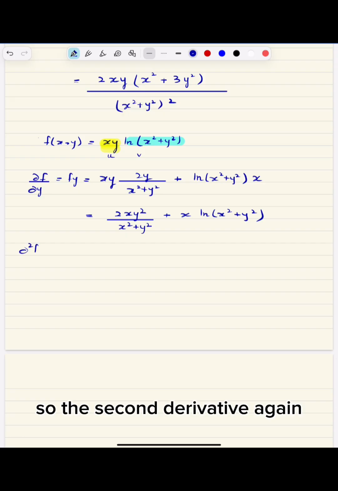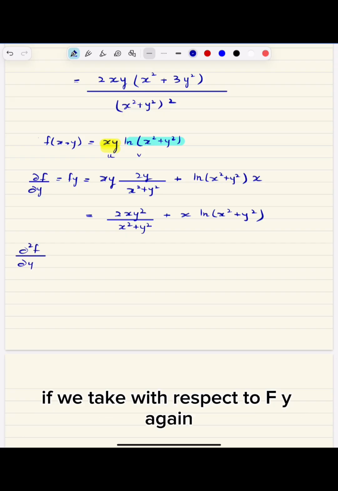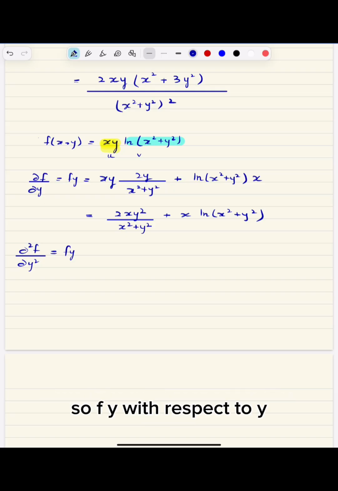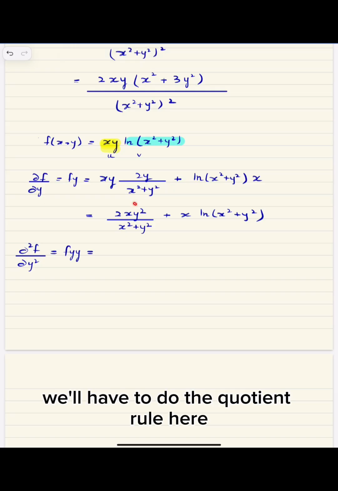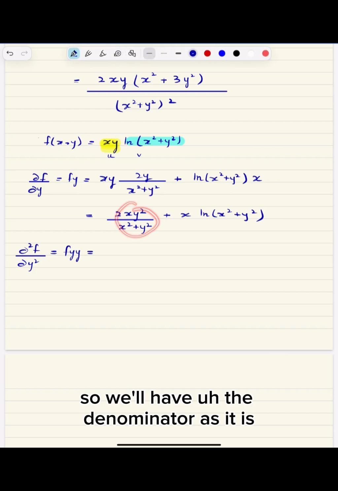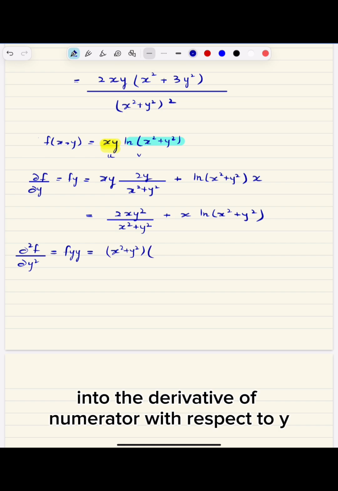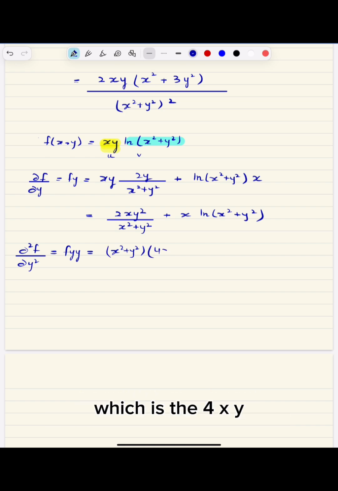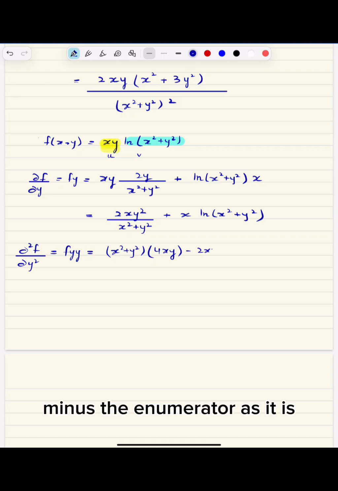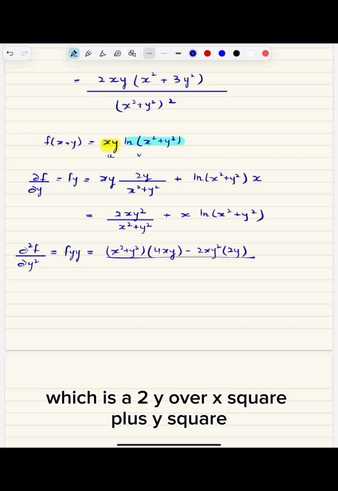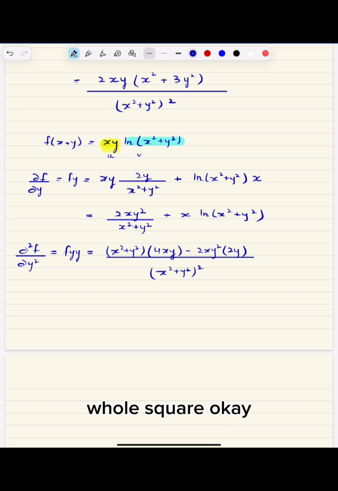So for the second derivative, if we take f_y with respect to y again, we'll have to do the quotient rule here. We'll have the denominator as it is times the derivative of the numerator with respect to y, which is 4xy, minus the numerator as it is times the derivative of the denominator with respect to y, which is 2y, over (x² + y²) whole squared.